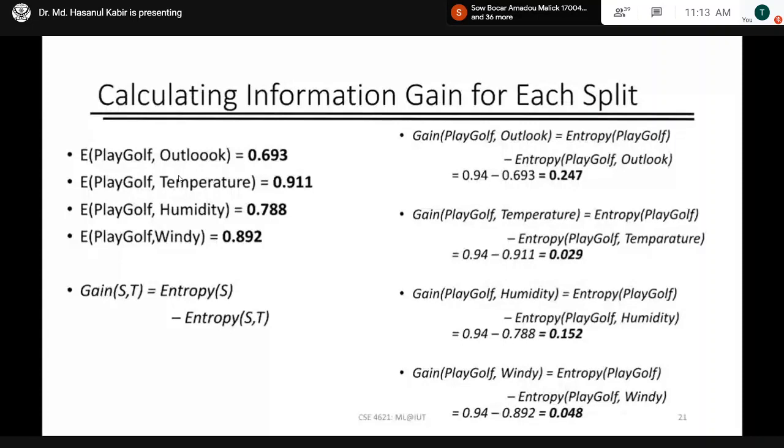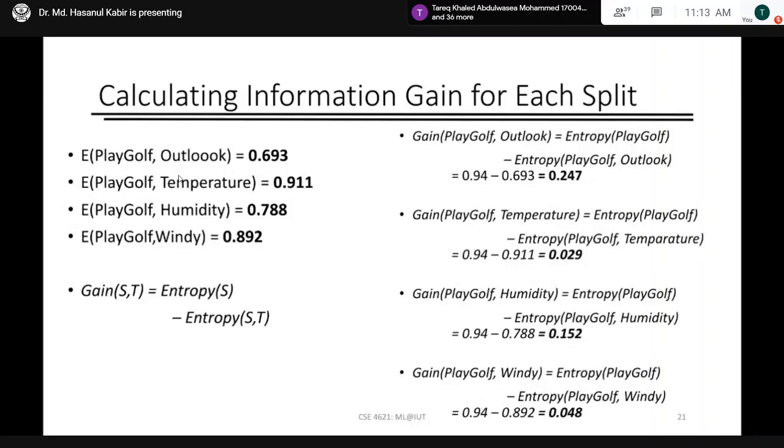Though we did reduce it, we did not reduce it significantly. So among all these four, which one reduced significantly? The one with the highest gain, that is the one where the attribute is outlook. So that means we'll always pick the one with the lowest entropy or the highest gain. Is this clear? Yes or no? Yes. Okay.